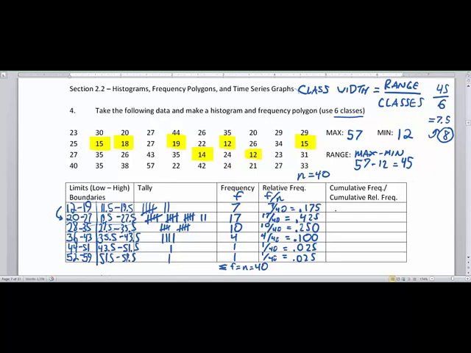So for our final column, we're going to do cumulative frequency and cumulative relative frequency. It's easy to get these two confused, because cumulative frequency is just when you take your frequencies and sum them up. So this is the sum of f. So 7 plus 17 is 24. 24 plus 10 is 34.